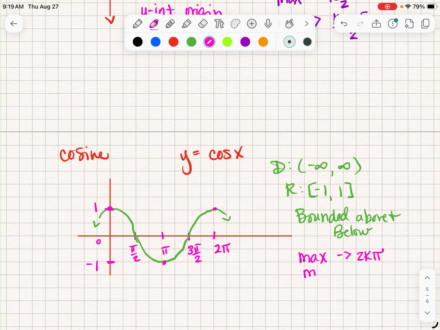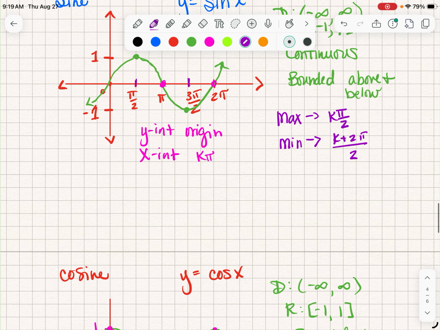And then the mins are at the k pi's. So the even numbers, the odd numbers, basically. The y-intercept on this one is the point 0 and 1. And the x-intercept on this one, if you notice, these go through the halves this time, right? So the x-intercepts are at the k pi halves.